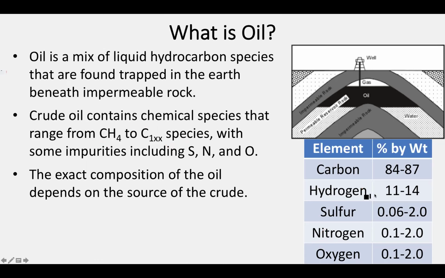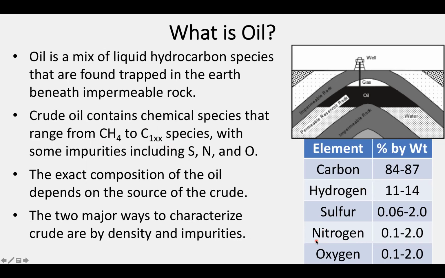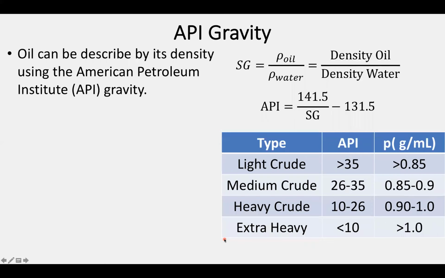The exact composition, so these exact percentages, are going to be highly dependent upon where the oil came from. We're going to be trying to divide all of the various compositions of oil into two major categories. First, we can measure the density, and second, we can measure the impurities.